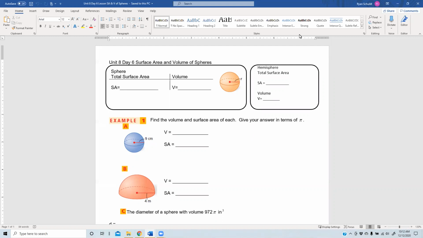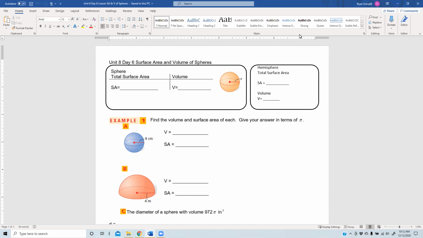But if we think about it, that makes sense because a sphere doesn't have sides. A sphere, it's continuous. There's no way to say, oh, well, this is a side, it's continuous all the way around. A basketball is continuous. It doesn't have any edges or corners. So for a sphere, we're just going to have total surface area and volume.